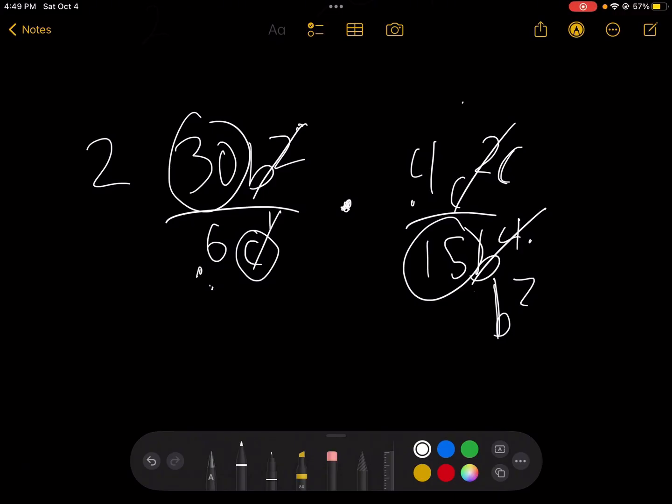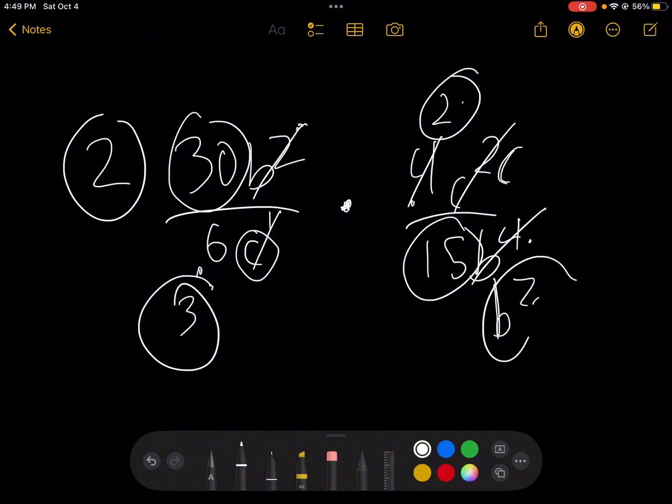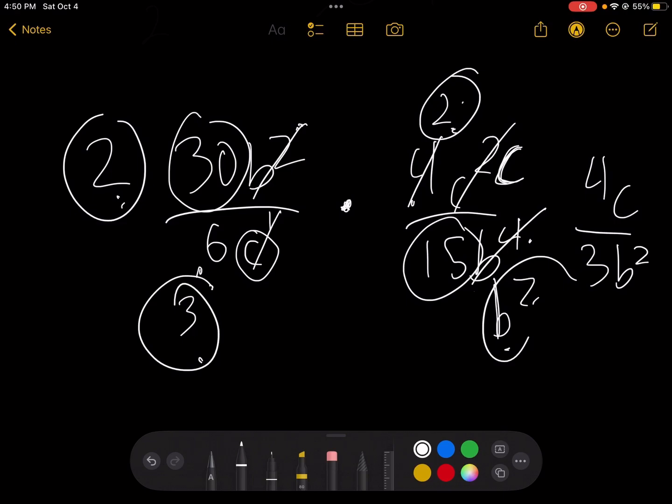So what's 4 divided by 2? 2. What's 6 divided by 2? It's 3. Now you multiply the remaining. What's 2 times 2c? There's still a c here, which is 4c. What's 3 times b squared? That's 3b squared. Simple as that.